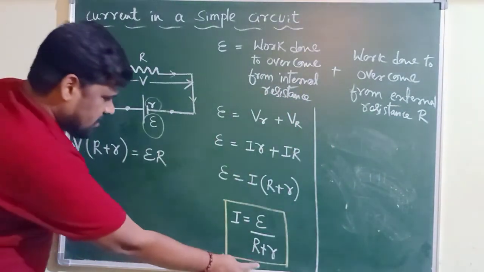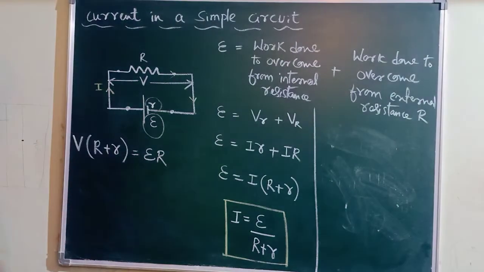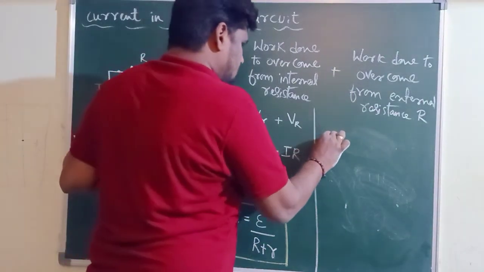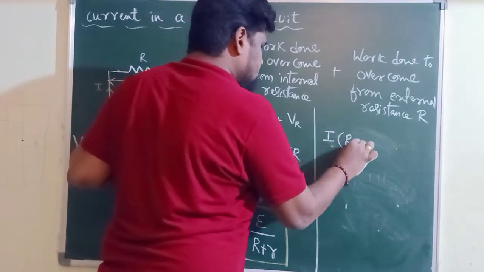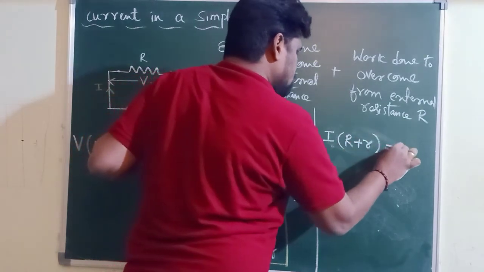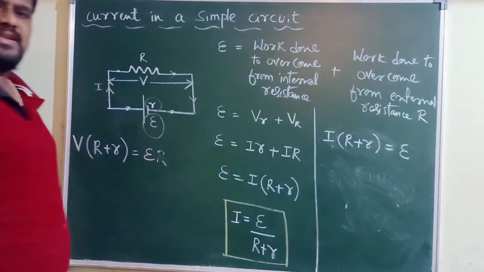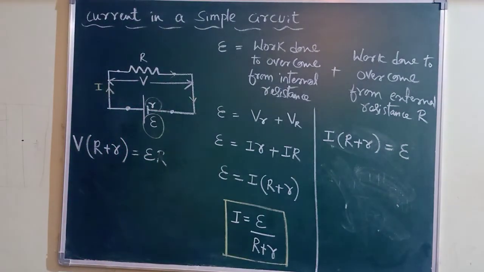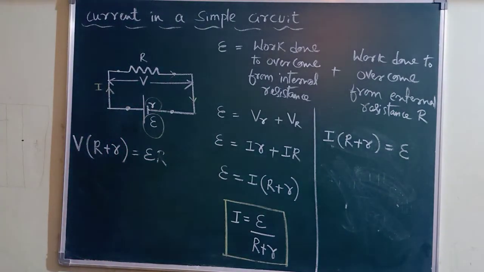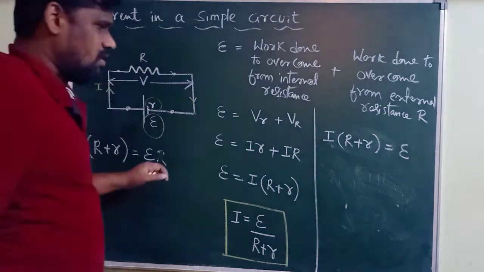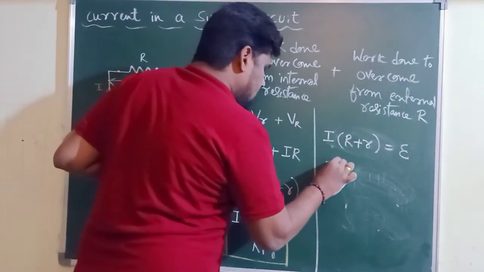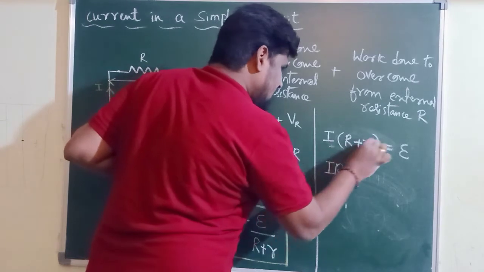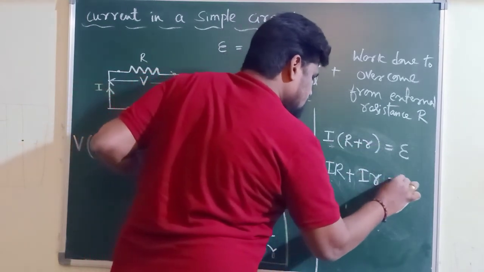Transfer R plus small r to the LHS, so that I into (capital R plus small r) is equal to E. Then IR plus I into small r is equal to E.